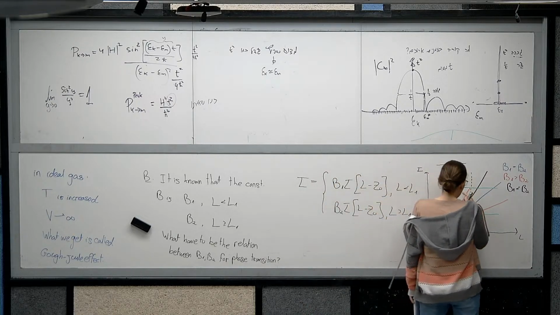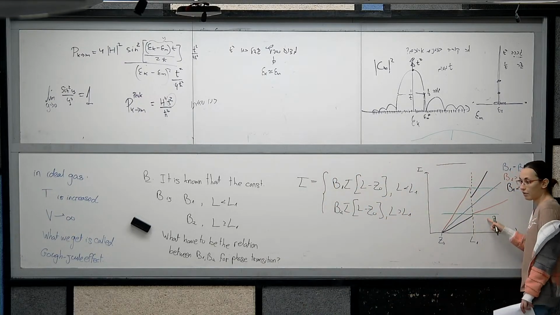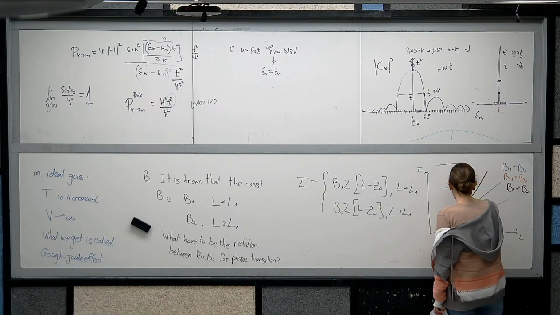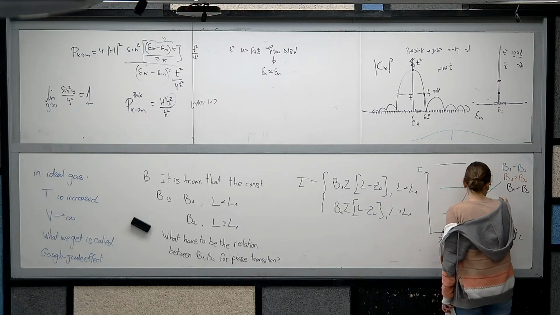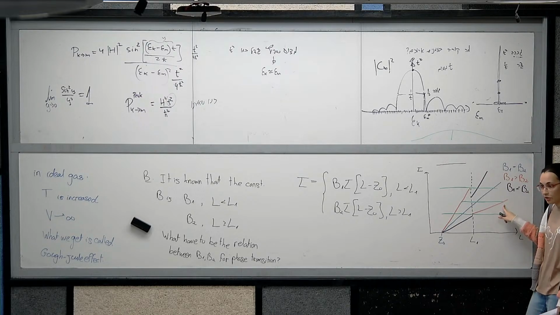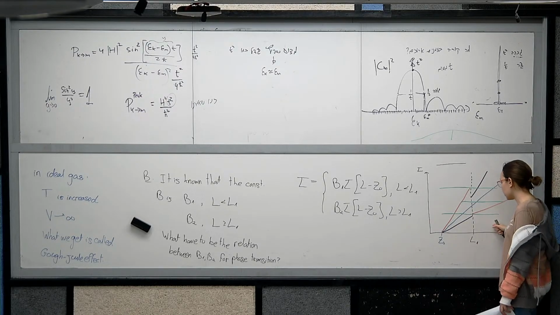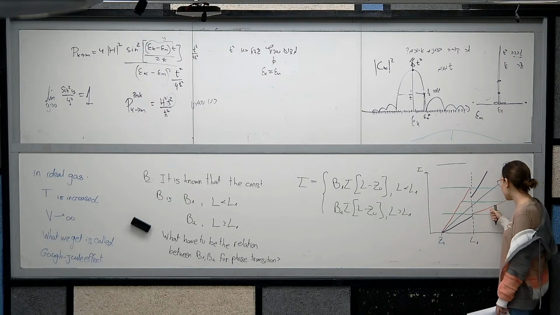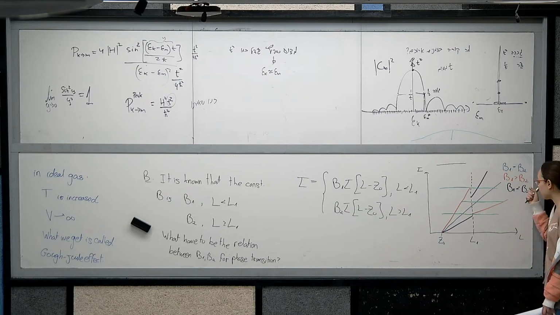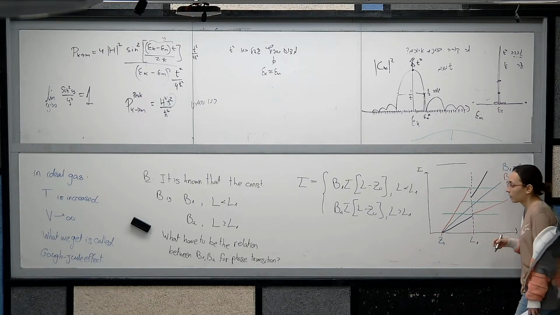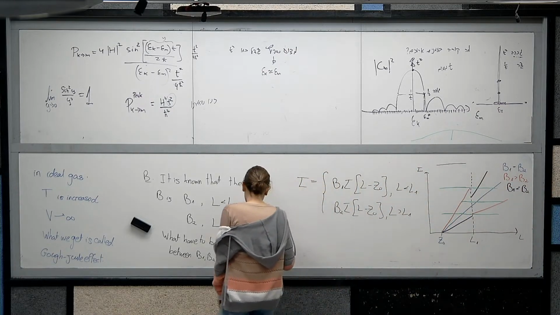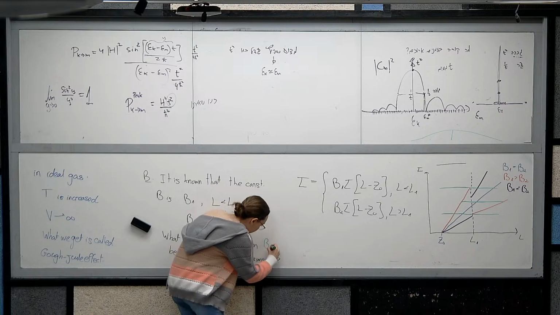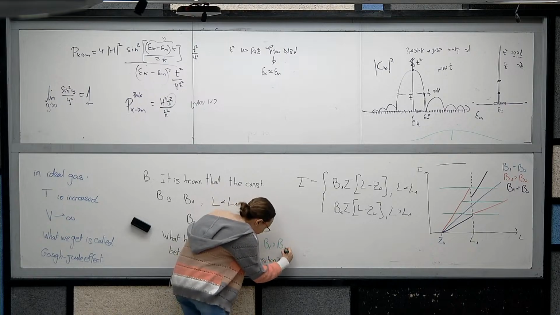In any point in this area we can draw a straight line for continuous tension between phase 1 and phase 2 and get a physical phase transition. So only in the red graph can we have a phase transition. So here we need B1 to be bigger than B2.